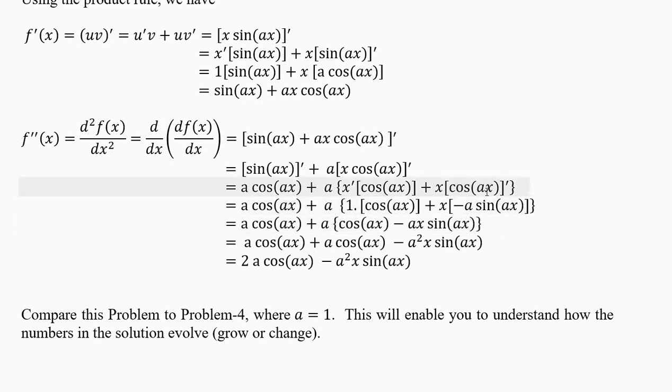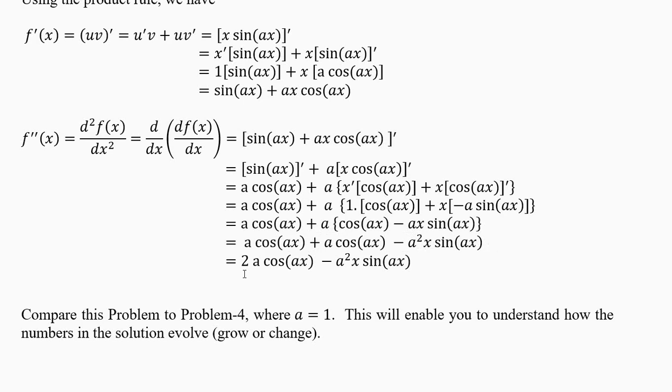Now cos ax, the derivative is minus a sine ax. You have a into cos ax minus ax sine ax. Open the bracket, you will get a cos ax plus a cos ax minus a square. This a into this a will give you a square x sine ax.